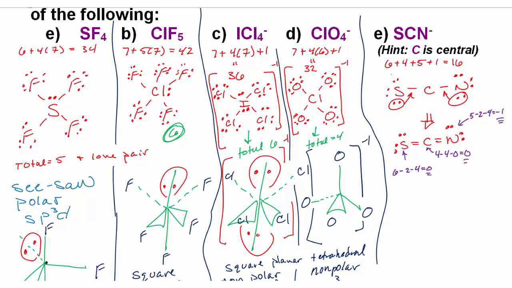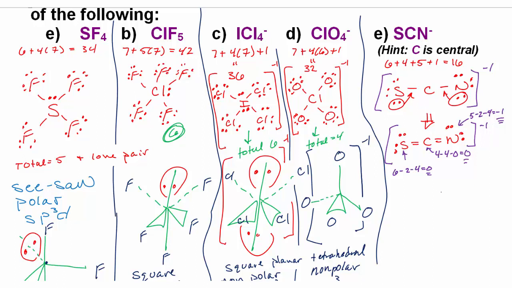And that's what we want, because this entire molecule is supposed to have a -1 charge. And we could go on and try to draw some more structures, but nitrogen is slightly more electronegative than sulfur. So this is the best Lewis dot structure that we can draw, because the -1 charge is on the most electronegative atom and everything else is 0.